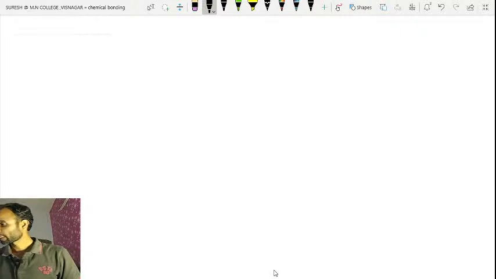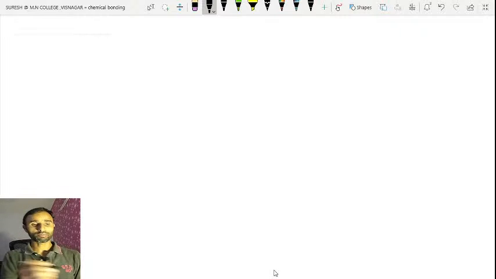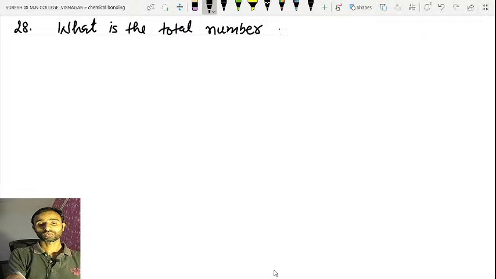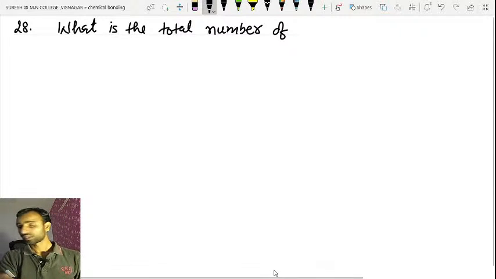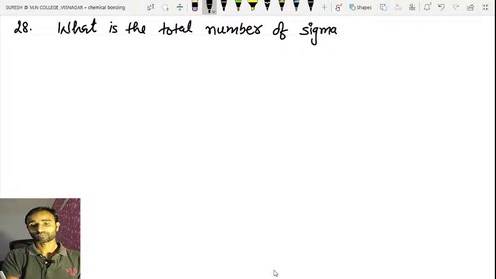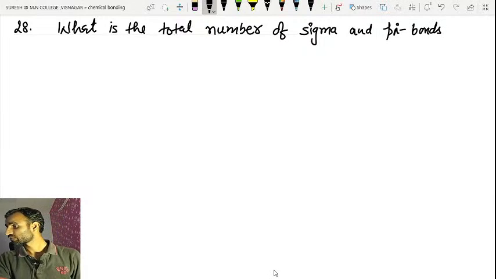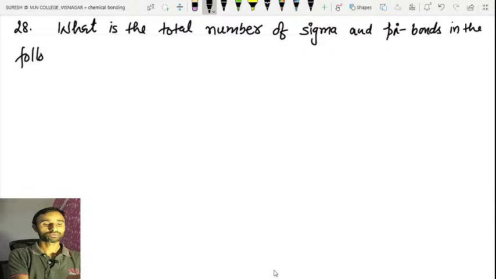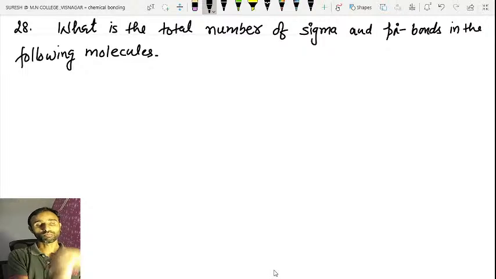Next question, question number 28, is: what is the total number of sigma and pi bonds in the following molecules?